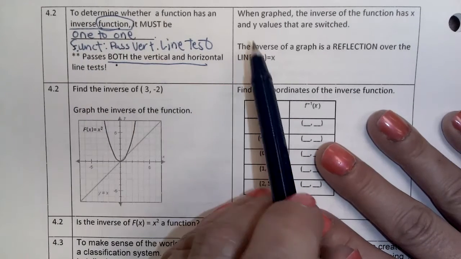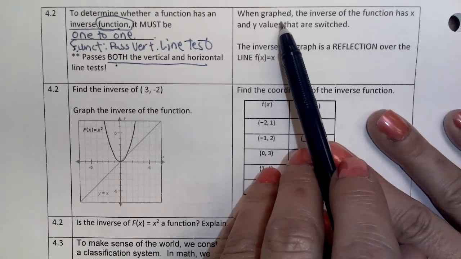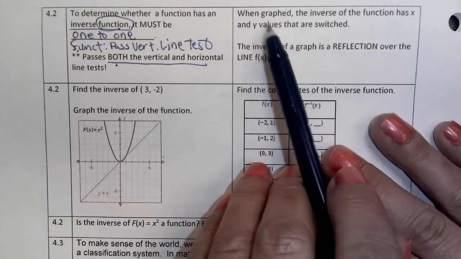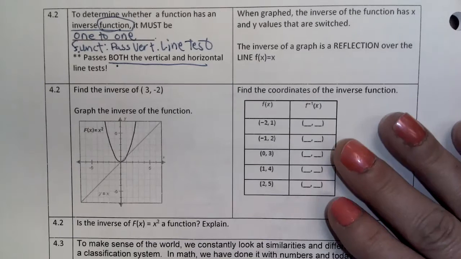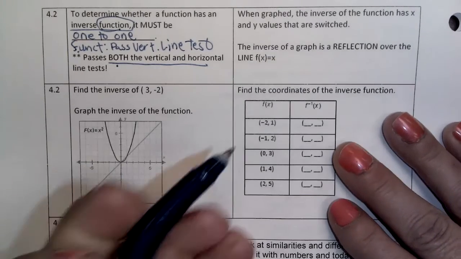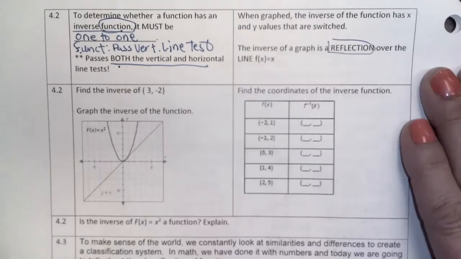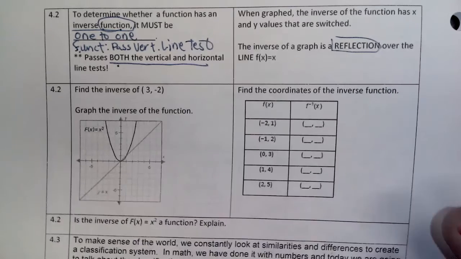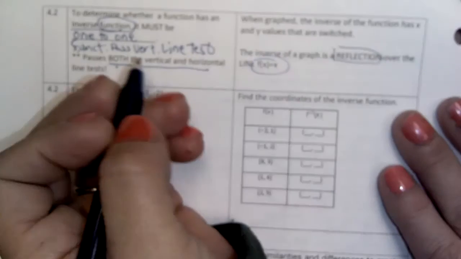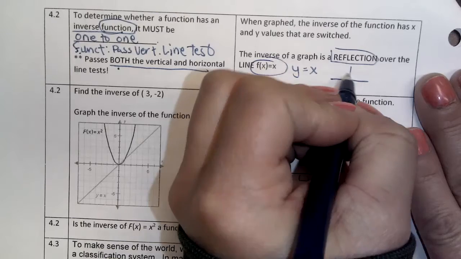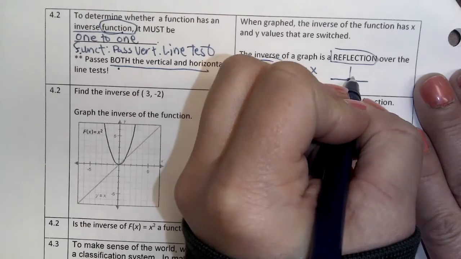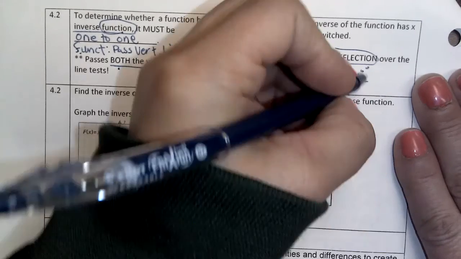Okay? So when graphed, and this is going to be really important, the inverse of the function has x and y values that are switched. In other words, the graph is just a reflection, like in a mirror, reflected over the line f of x equals x, or y equals x, which is just a line starting at 0, 0 with a slope of 1 over 1.